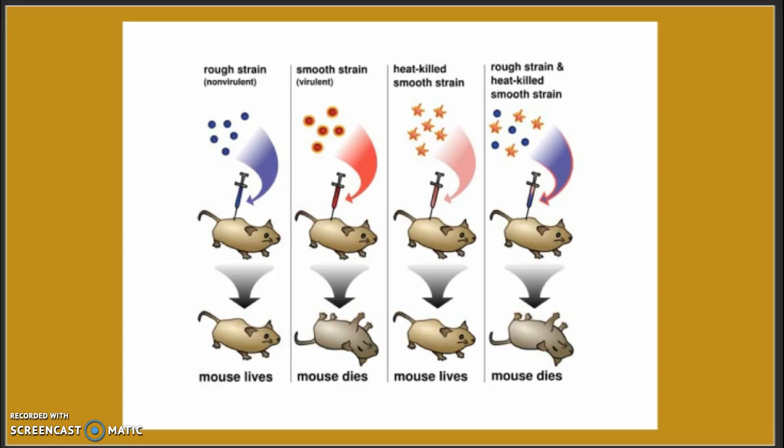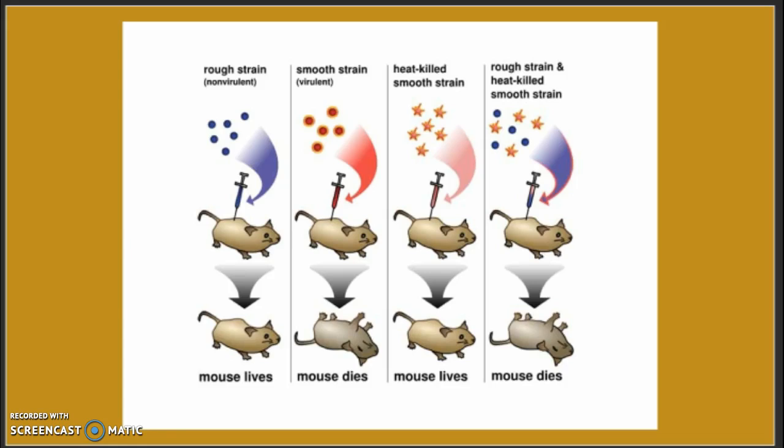And so the next thing that he did, this was very interesting. He took the S strain, the virulent one, and he decided to heat fix it. And when you heat fix bacteria, it basically kills the bacteria. There's nothing there for it to really infect anymore.